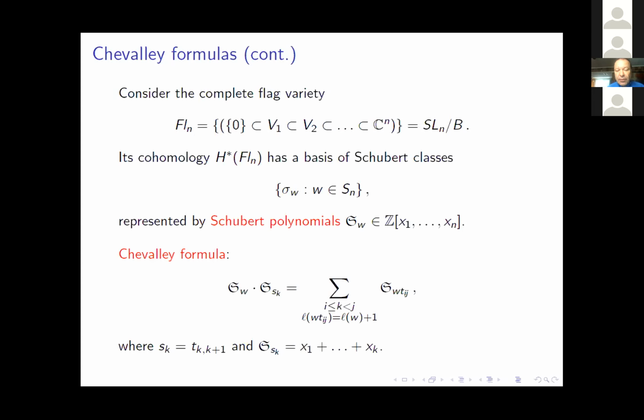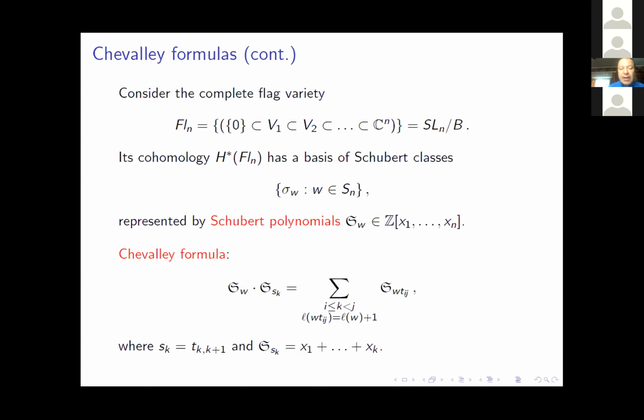And here, the Chevalley formula is the simplest product that you can take. So the Schubert polynomial indexed by w multiplied by the Schubert polynomial indexed by the simple reflection, or an adjacent transposition of entries in positions k and k plus 1, which can be written as x_1 plus ... plus x_k.